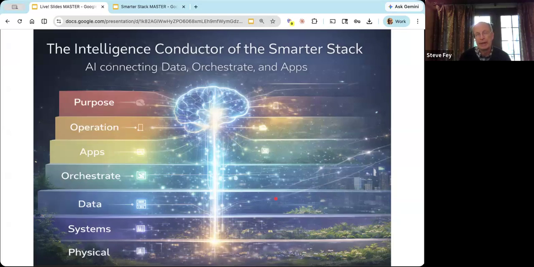So that's what caught my attention about the standalone, which is that by having a standalone AI associated with each level of the stack, you're applying the intelligence of AI to the role it needs to play at that level in the stack.